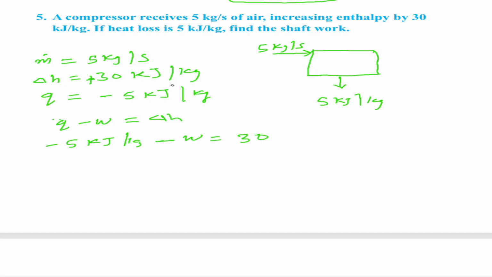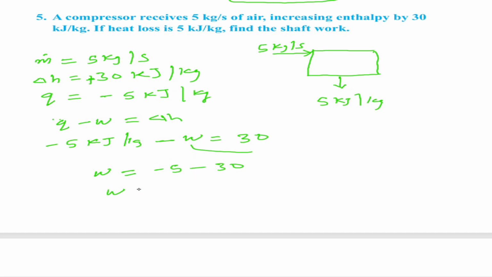I am not writing the unit, since the units are the same. So I will take W to this side and 30 to the other side. I will get W equals minus 5 minus 30.